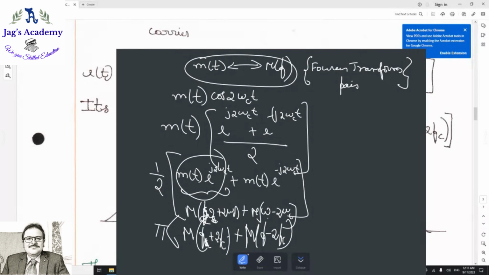Don't worry about it. This is very important. The Fourier transform pairs are given in the textbook, please have a look at them. You may get an individual question like this to calculate a Fourier transform.